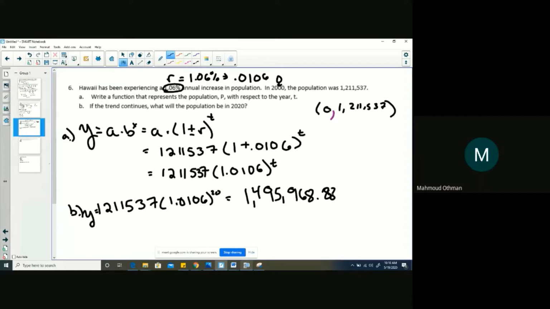However, I will round up because I can't have 0.88 of a person. So the population will be 1,495,969 people in Hawaii in 2020.